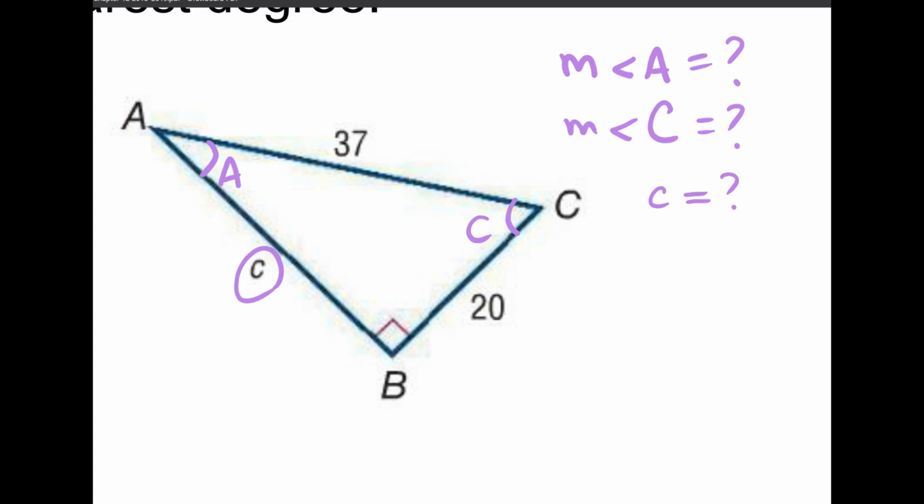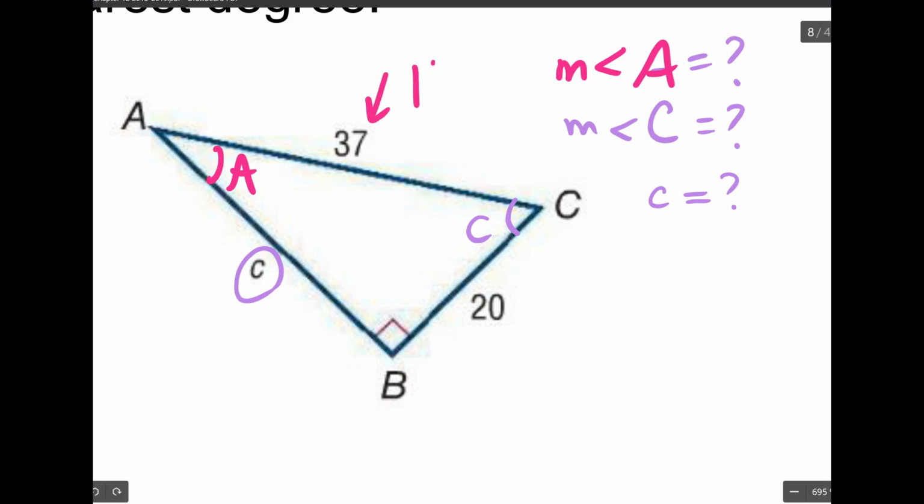Alright, so if I want to solve for angle A, I'm going to write this in a different color now that we're going to use it. So measure of angle A, this is what I'm looking for. According to angle A, I have the hypotenuse, and what is 20? Which side is it? It's going to be my hypotenuse, adjacent, opposite. 20 is my opposite.